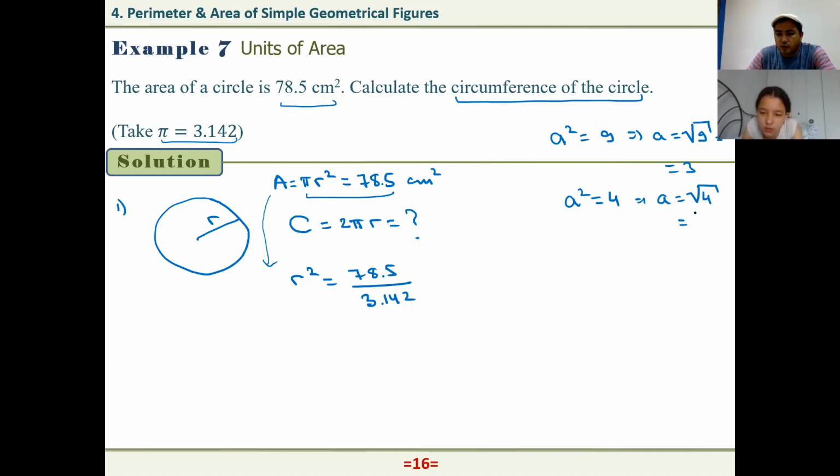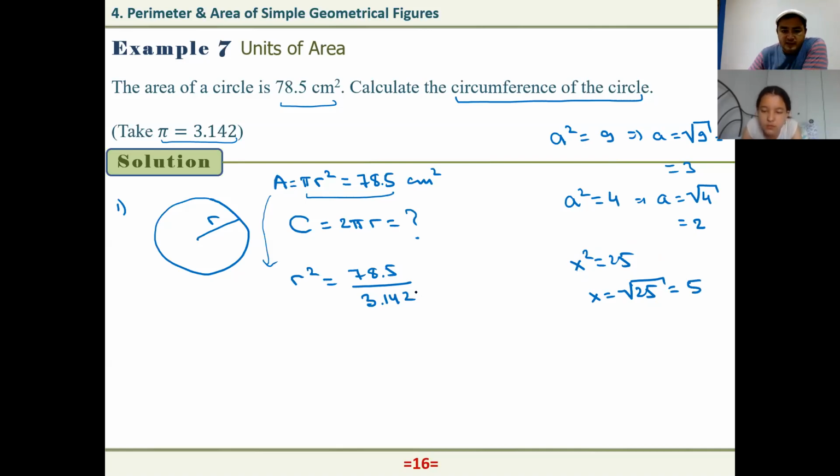That's equal to 2. Okay, like for example, x squared equals 25. Again, I assume that this x is positive. Then what is x? It is the square root of 25. So what is the square root of 25? It means what number's square is 25? That is 5.